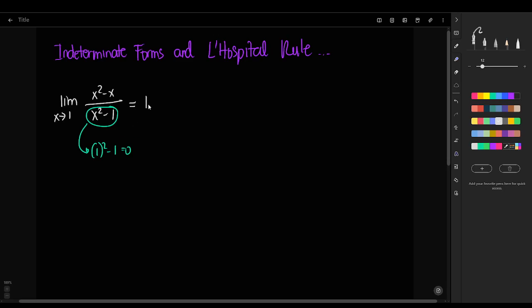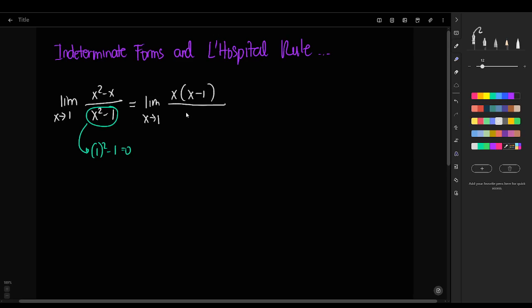rational equation, right? So this is the limit of the given equation as x approaches 1. The common factor of the numerator is x, and you could factor it out as x times x minus 1, right?